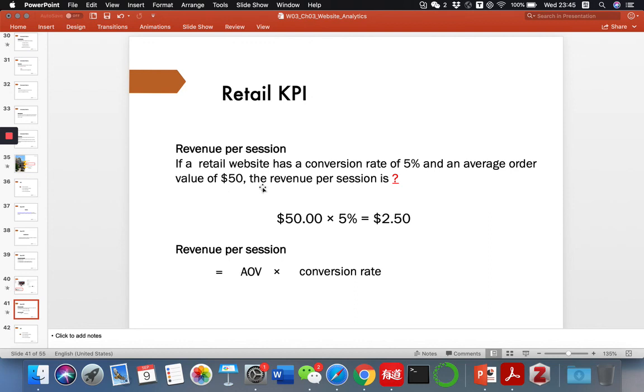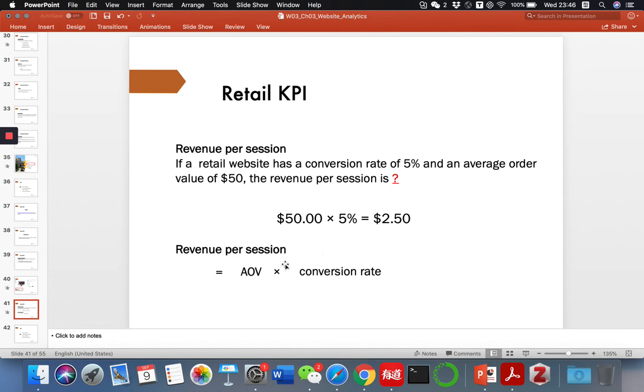And the question is about the revenue per session. So revenue per session equals average order value times the conversion rate. So here we use $50 times 5%. We get 2.5 US dollars. Basically, it means for each session, for each pair of entry and exit, we get a revenue of $2.5.